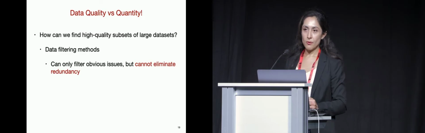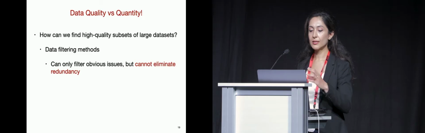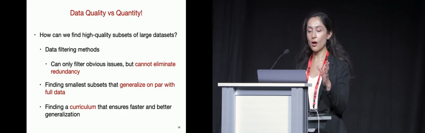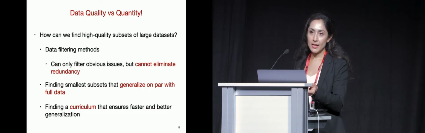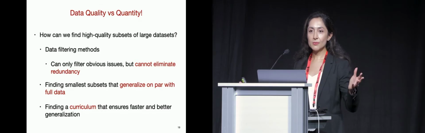Okay, so there is hope. And as I mentioned, there are two ways we do this. Data filtering methods can capture and drop the obvious mistakes, but they usually cannot eliminate redundancies. The second approach is that we define an optimization problem.